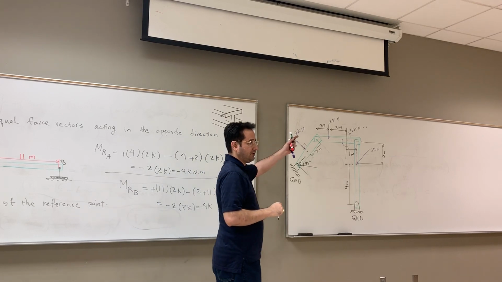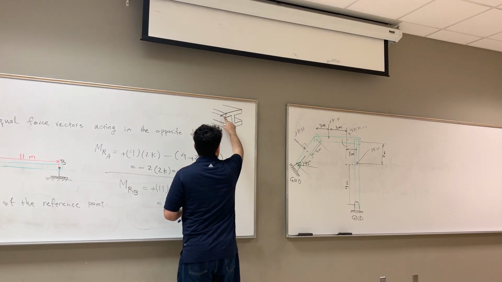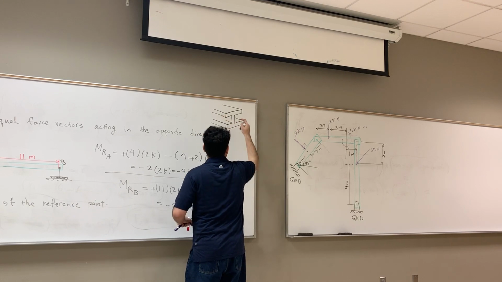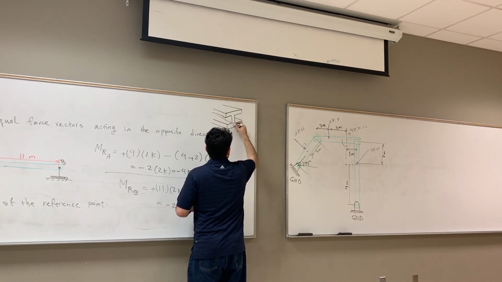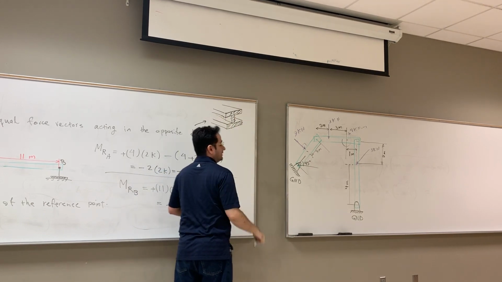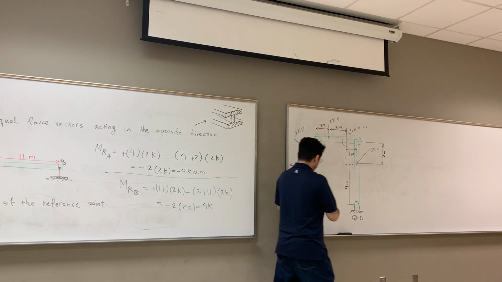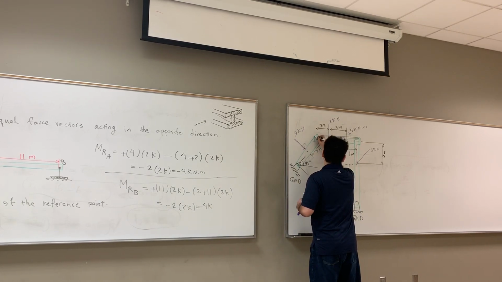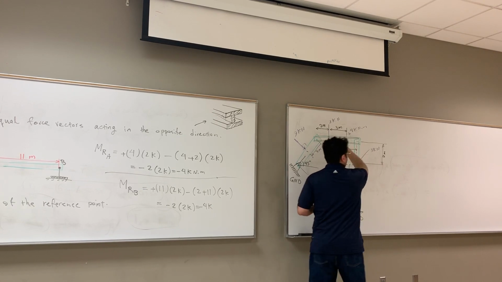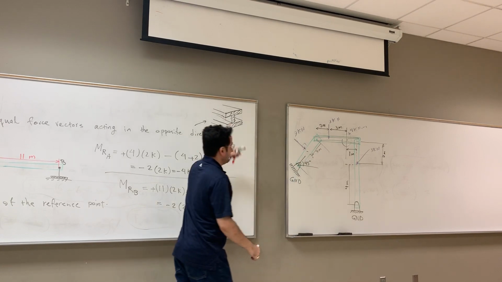It can be used in a variety of different things, right? So the cross section is like that. If you look at it from the side, it has 4 lines, right?